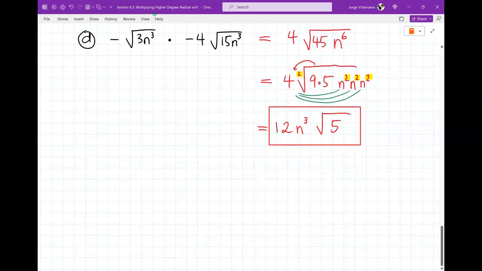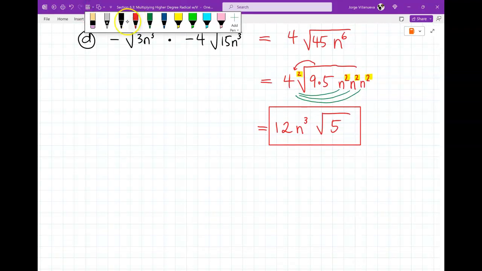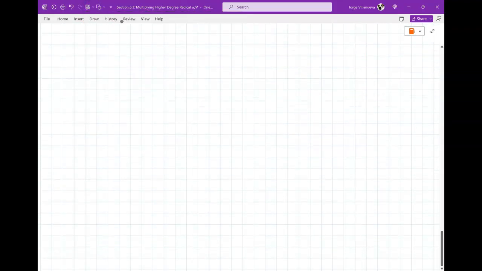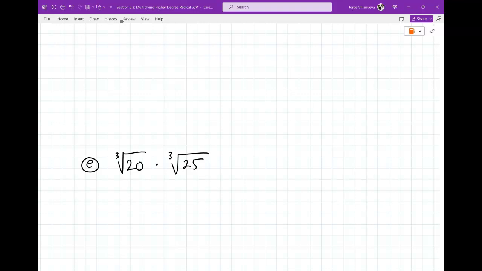Okay? So, all right. Now we're going to do a cubic problem. Okay? We haven't done any cubics. There are a couple. So, cubed root of 20 times the cubed root of 25.